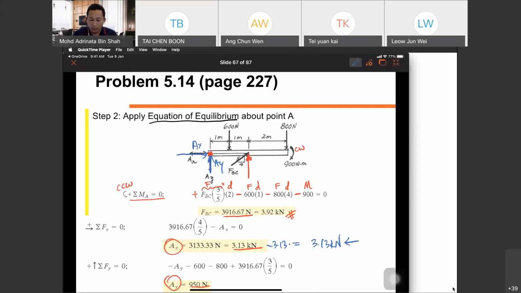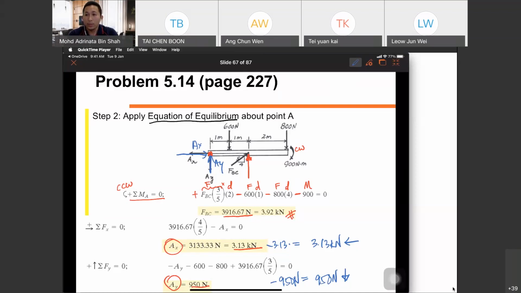Same with AY, the answer will be negative 950 Newton. So it is 950 Newton in the opposite direction, just the opposite of your assumption in the early stage. So you can solve your equation.